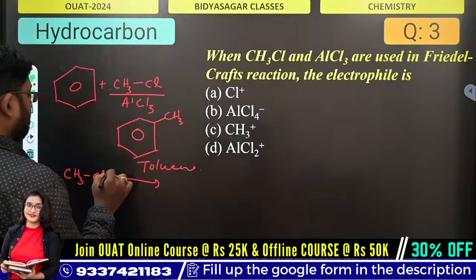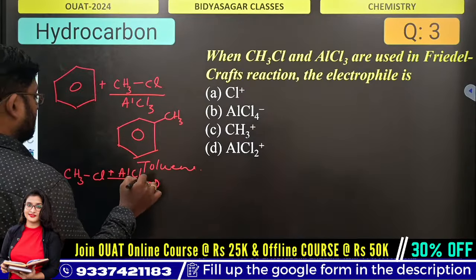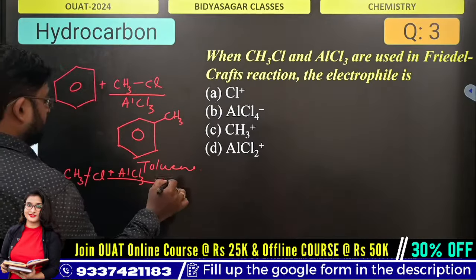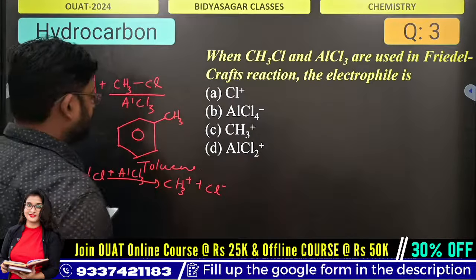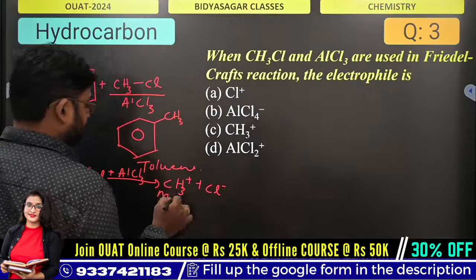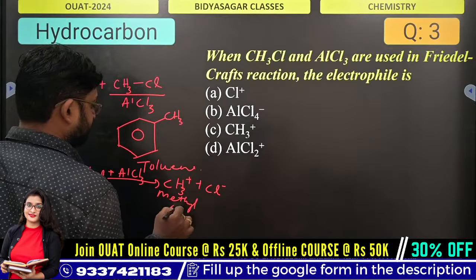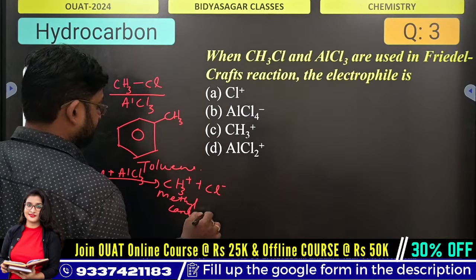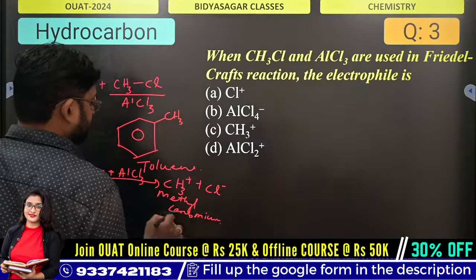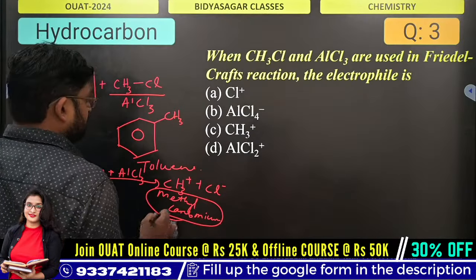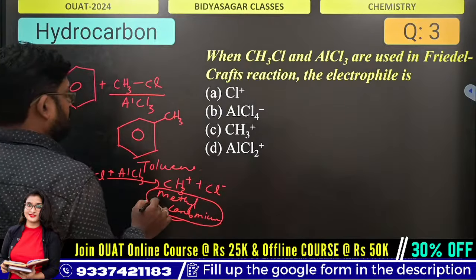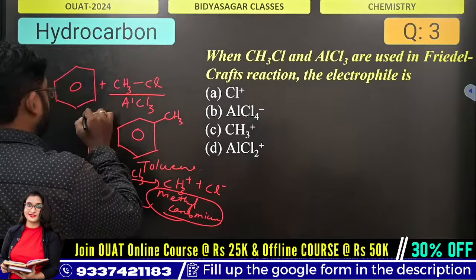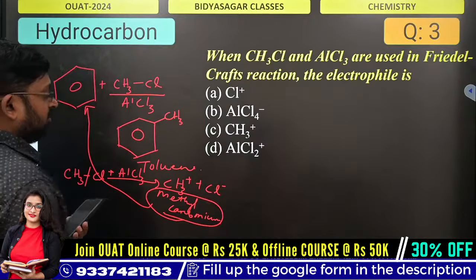Heterolytic cleavage in presence of AlCl3. It will give you CH3 plus Cl minus, methyl carbocation, so the electrophile is generated, which will attack the benzene ring to give toluene.